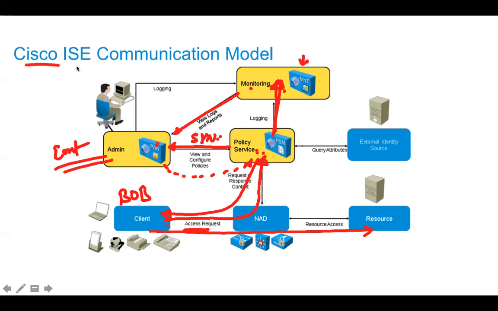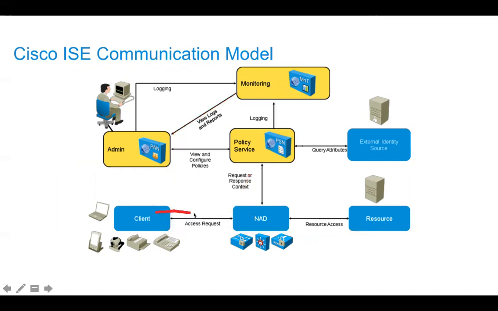This is how ISE does the communication. Have a look: the client reaches the switch, a NAD, then the PSN. Now this can also do external authentication. It can go to an external Active Directory, LDAP servers, or any TACACS servers over there. No problem in that.